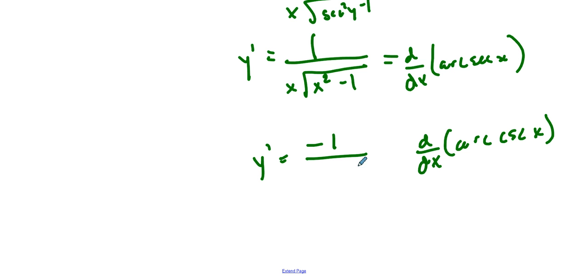That's why we have a negative 1, and then we'll still have this X times the square root of X squared minus 1. And that is all of our inverse trig functions, where they come from, and why we use them.